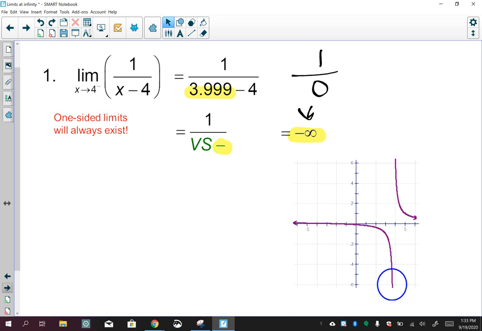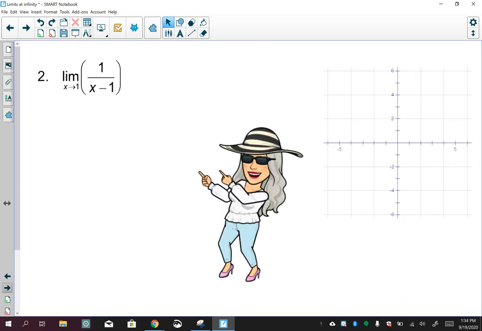So let's see. Same thing here. This wants to know the actual limit overall. If I plug in a 1, I'm going to wind up again with that 1 over 0 piece. Now you have to take a look at the left and the right so you can determine exactly if your overall limit will exist.